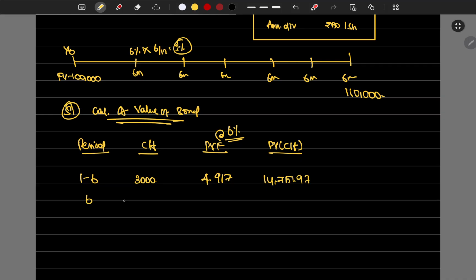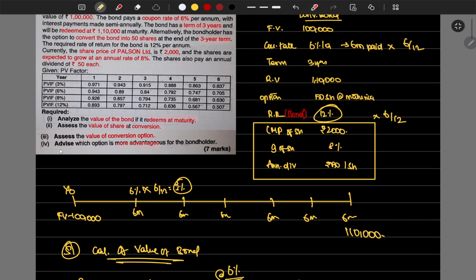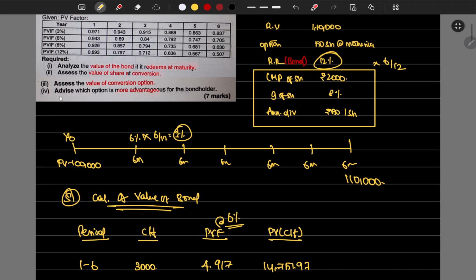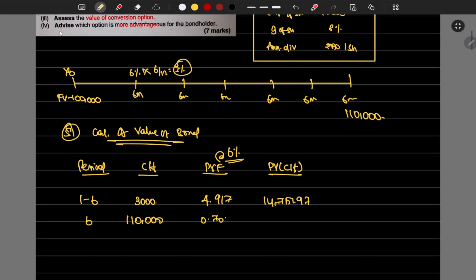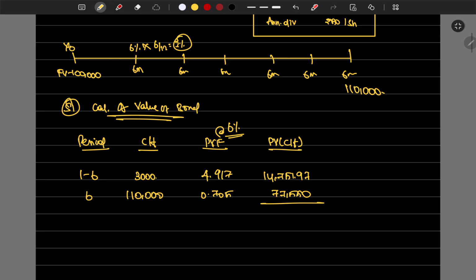At the sixth period we are also redeeming the bond. The PV factor there is 0.705, so 1,10,000 into 0.705 is 77,550. Totaling this, the value of the bond is rupees 92,301.97.